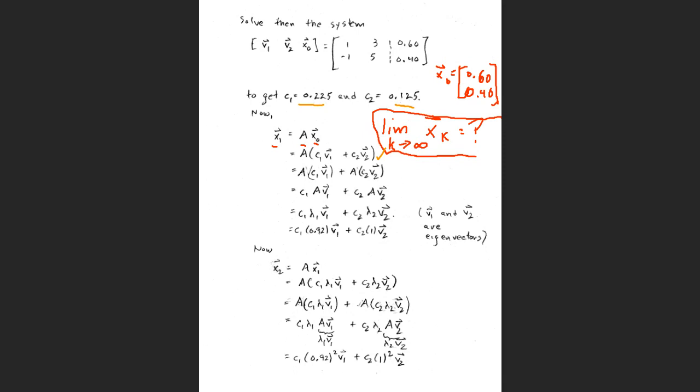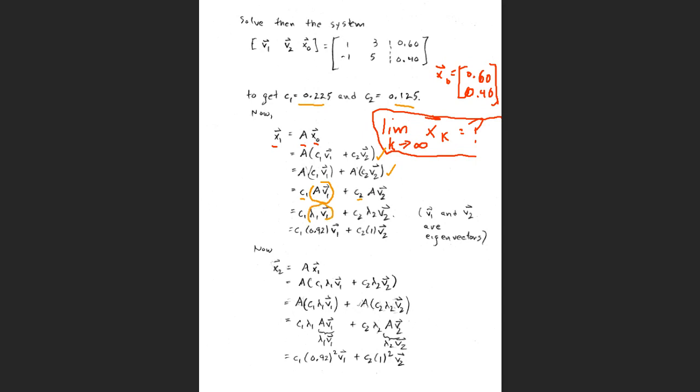We can write this expression like this, and then C1 and C2 are those constants. They can be factored out of the matrix products. But then you have A times V1. A times V1 will equal lambda 1 times V1.